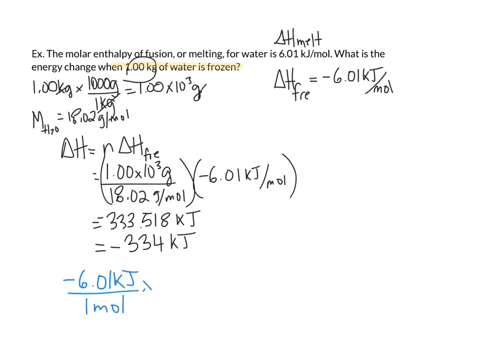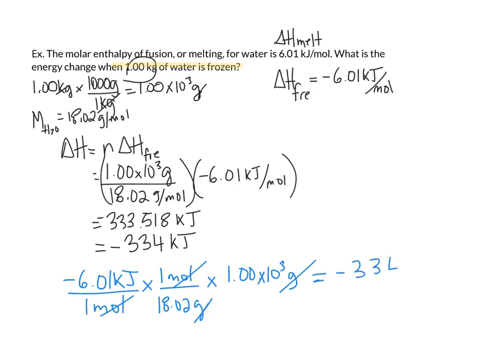We need to get rid of moles because it's on the bottom. 1 mole contains 18.02 grams of water, and then times 1,000 grams. And the answer is the same, 334 kilojoules. So this process releases 334 kilojoules to the environment.